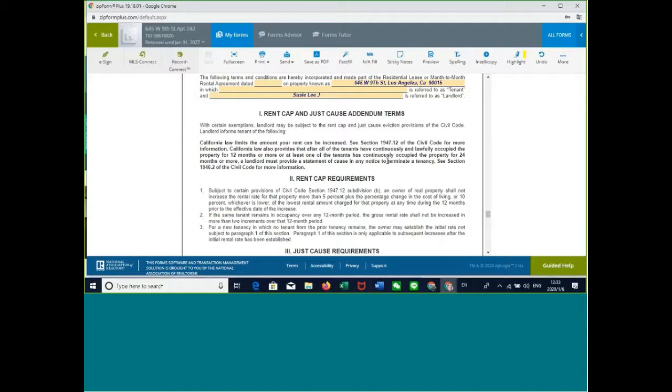So, if you download a State of Nevada template and try to use it in California, you are making a big mistake, because by not providing this form, your building does not receive the exemption. I say the third time, if you don't have this rent cap and just cause addendum in the package that you let the tenant sign, even if the building was built within the last 15 years, you lose the exemption.